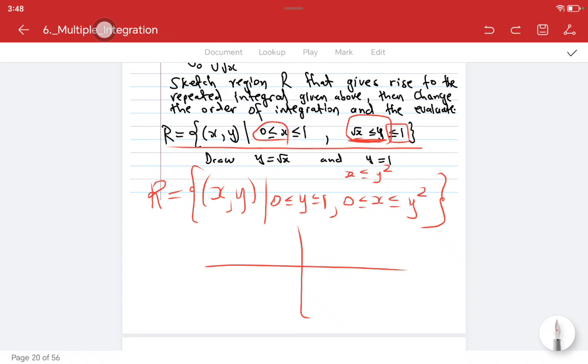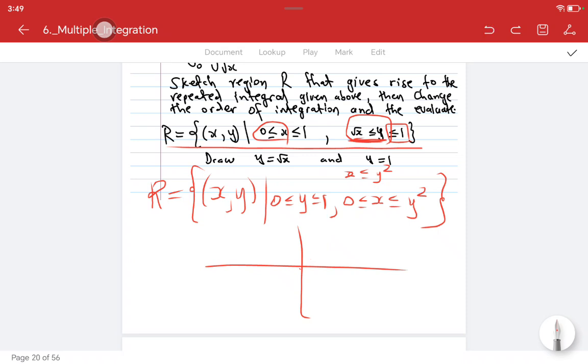So it's possible for the graph to go like this, and it's possible for the graph to go like this. If x grows faster than y, the graph is going to go like this. Then if y grows faster than x, it will go like this.